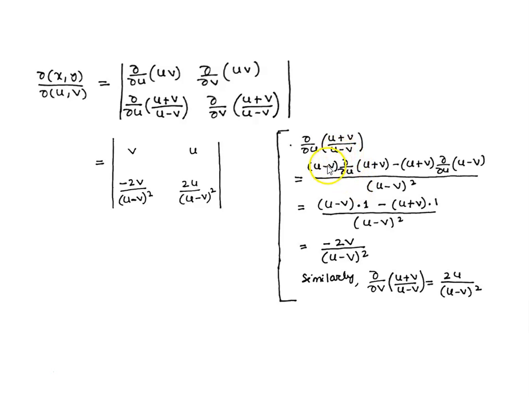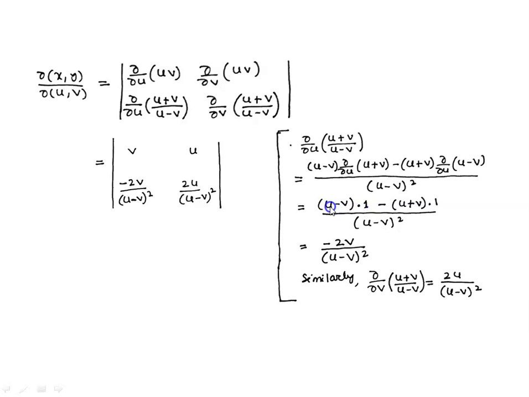Now we have to take u minus v into partial derivative of u plus v, minus u plus v into partial derivative of u minus v with respect to u, divided by u minus v whole square. Now this term, partial derivative of u plus v with respect to u, is 1 because here v is a constant and the derivative of this v is 0, and the derivative of u with respect to u is 1.